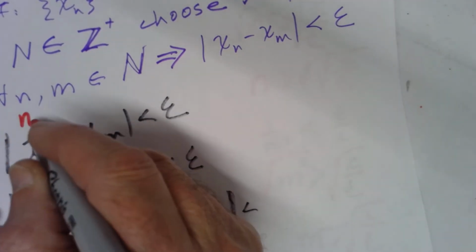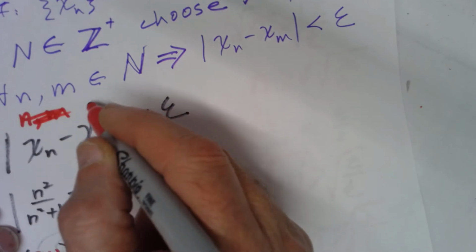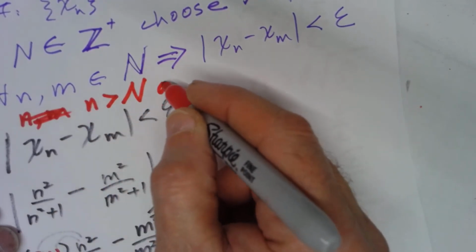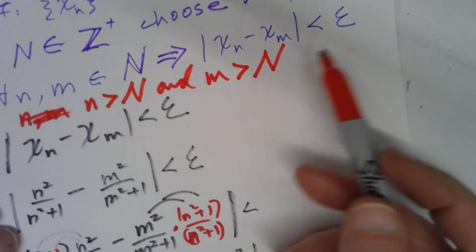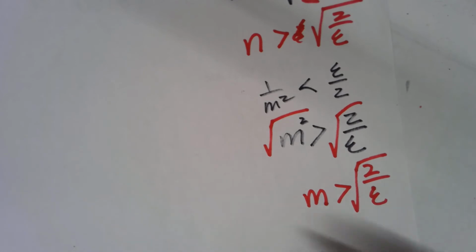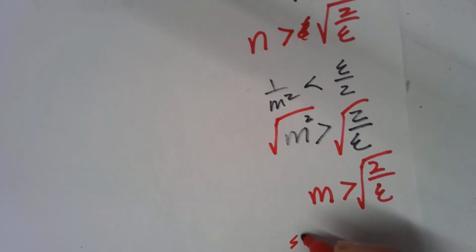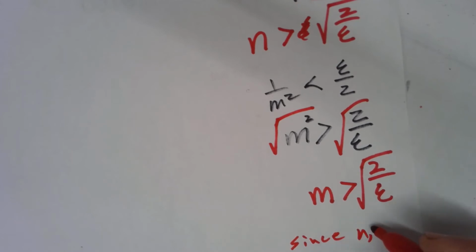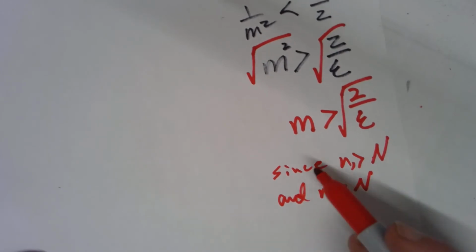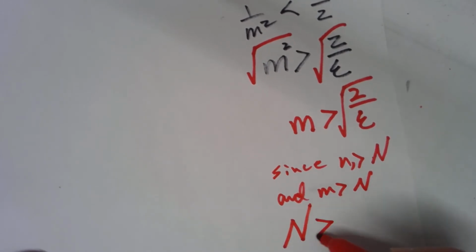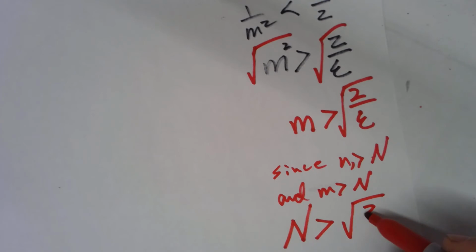So n is greater than uppercase N, and m is greater than uppercase N. So since n and m are greater than N, then we can say that uppercase N is greater than the square root of 2 over epsilon.